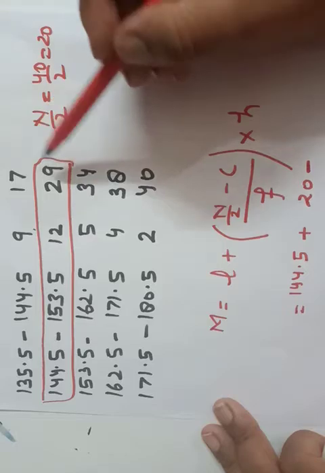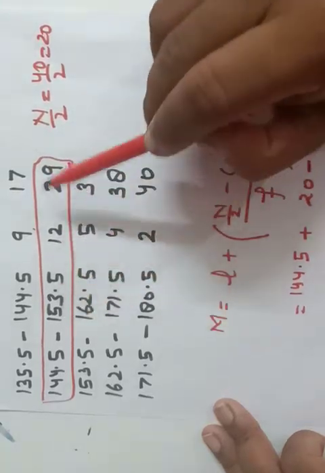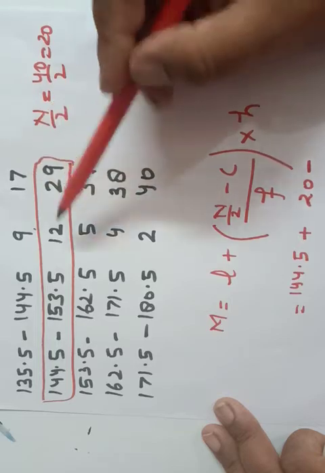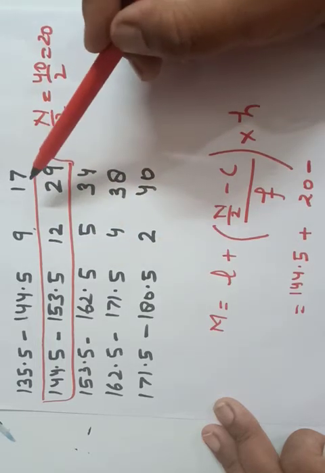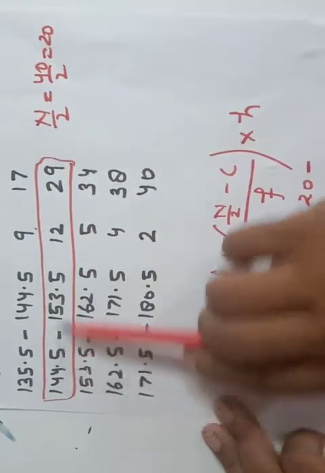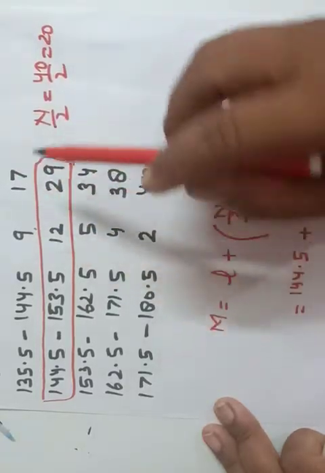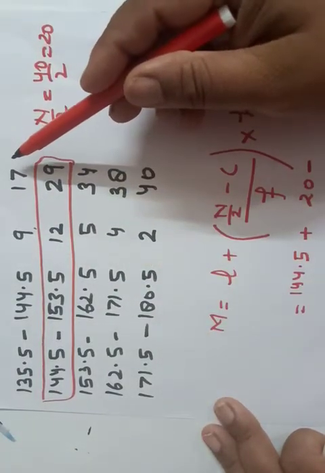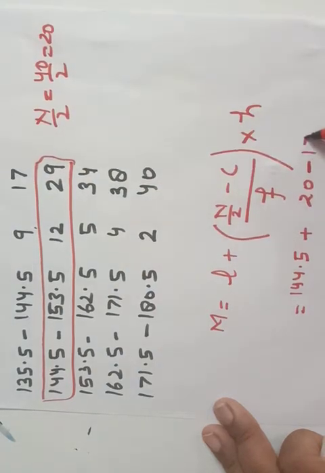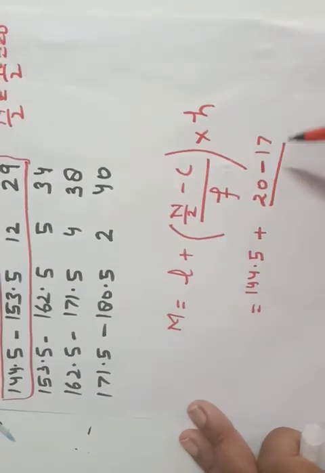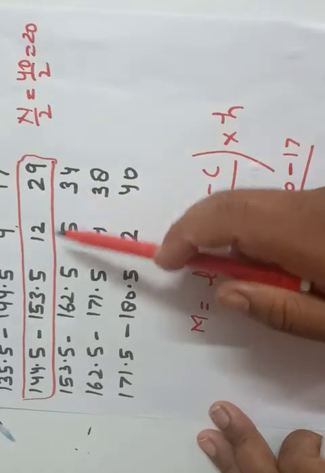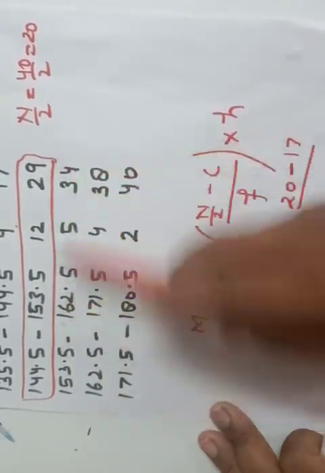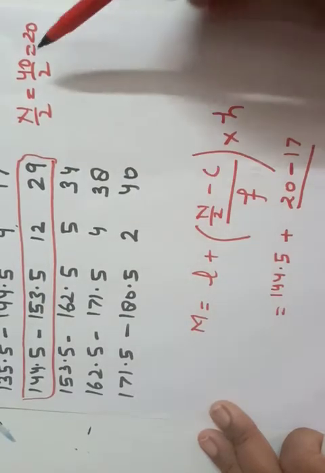C is the cumulative frequency of the class preceding the median class. We will not use 29; it should be the preceding cumulative frequency, that is 17. And f remains the same, the frequency in the complete row that we found by finding n by 2.